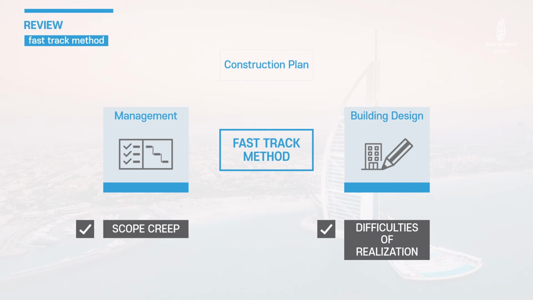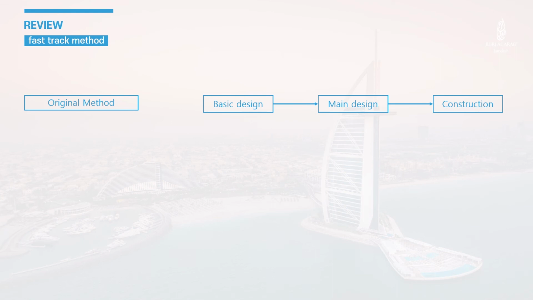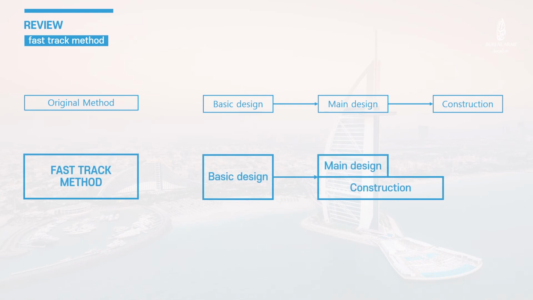This could result in scope creep, which is the unexpected lengthening of construction period and budget because of additional requirements. Also, before the construction, the design wasn't settled and expected construction period was short. Therefore, Atkins had to choose fast track method.